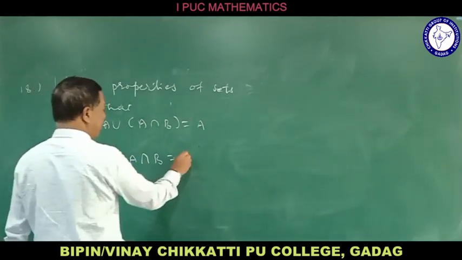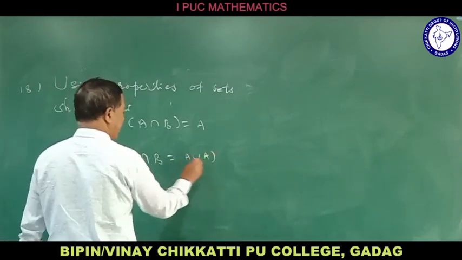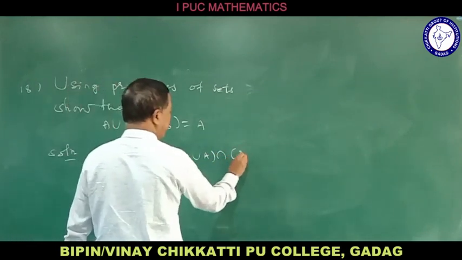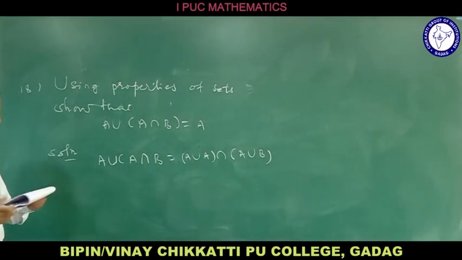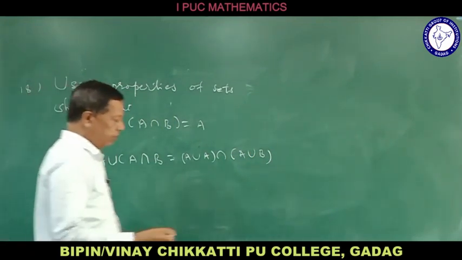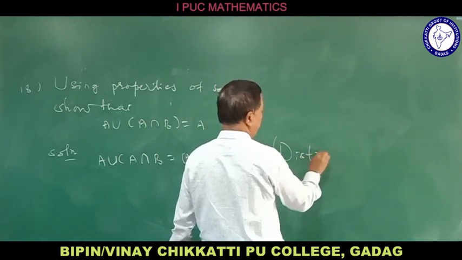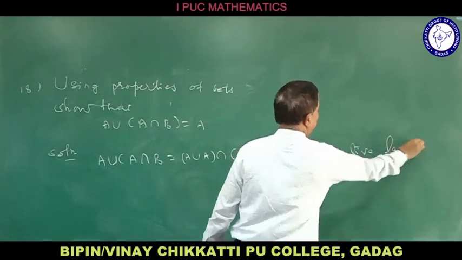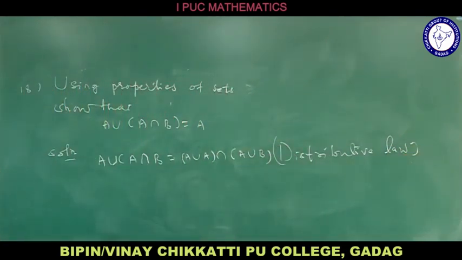A union (A intersection B) equals (A union A) intersection (A union B). I hope this property that we have already seen is called the distributive law. According to the distributive law, union distributes over the intersection.